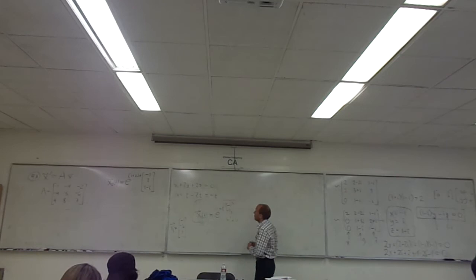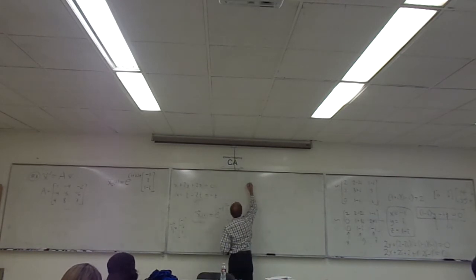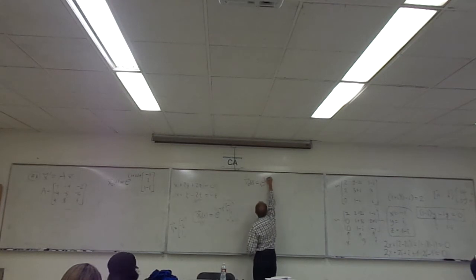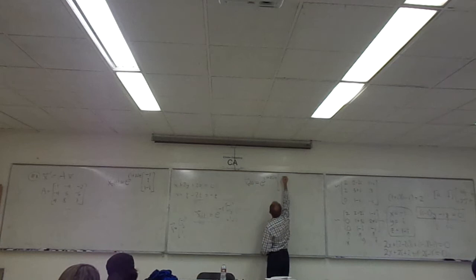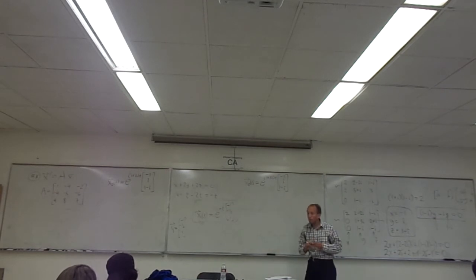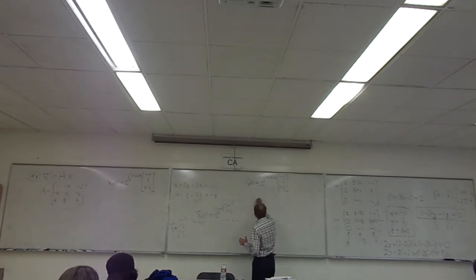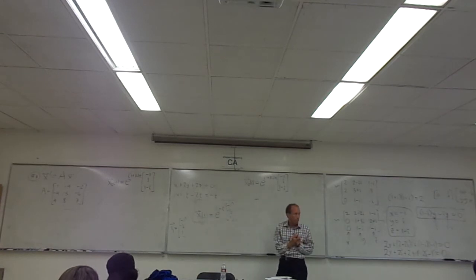What you need to do, let me just write it down one more time so I have plenty of room here. You have e to the (1 plus 2i) times t times the vector (-1, i, 1 minus i). Just recopying it one time real quick. What you need to do is expand this thing in terms of sines and cosines.